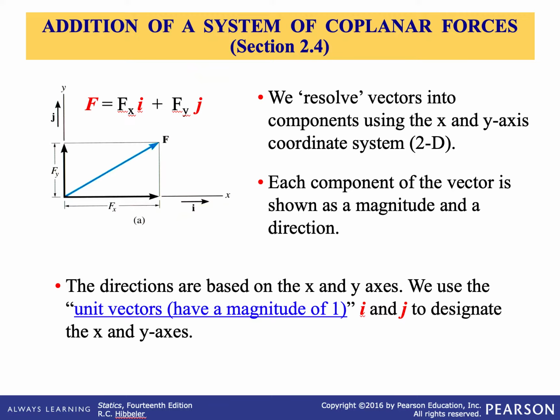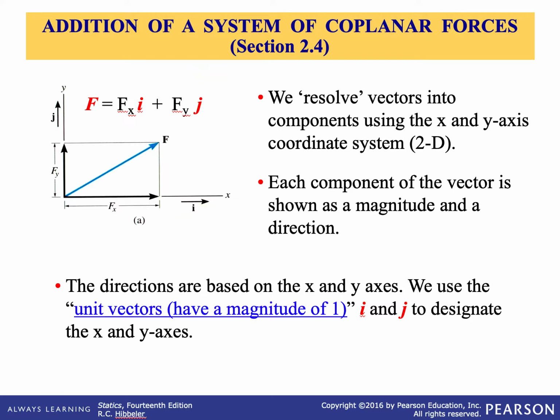Looking at the schematic, we can resolve a vector into 2 components using the x and y axes coordinate system. Each component of the vector is shown as a magnitude and a direction. The magnitude is Fx and the direction is either i or j. Those directions are based on the x and y axes, and i and j are unit vectors.